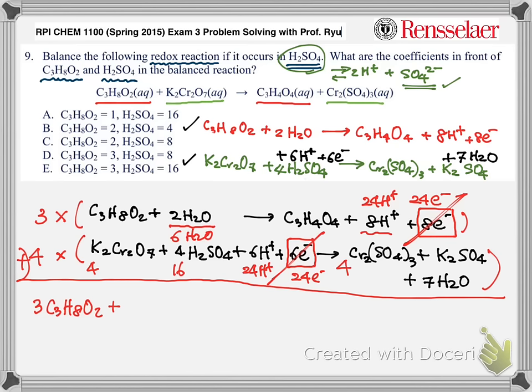This becomes 28, okay, 28 water. So now 6 waters and 28 waters. So this one goes away, and this 28 becomes 22. And let me use some more different colors.